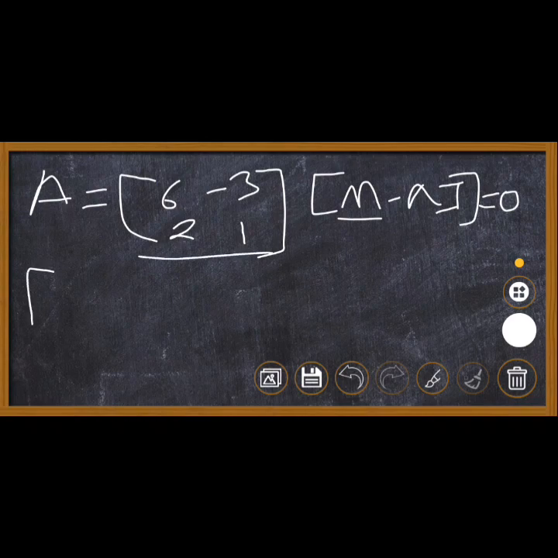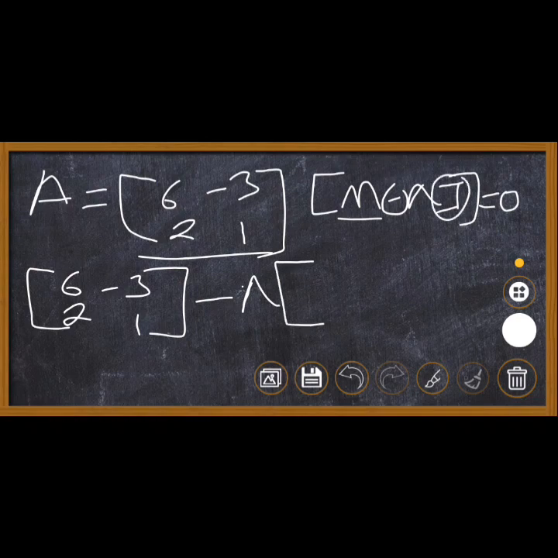The matrix that I'm given is 6, 2, -3, 1, minus, as the symbol is here, π, and then the standard form of I, remember, is 1 0 0 1. So this has to be memorized, so make sure that you know that.